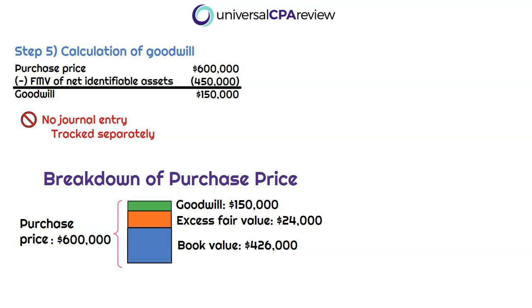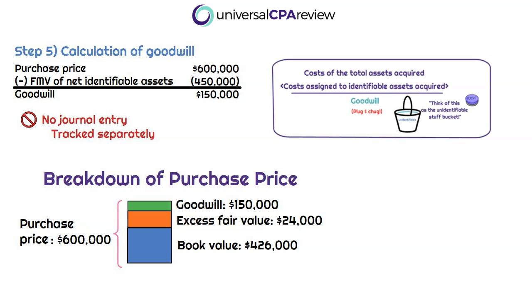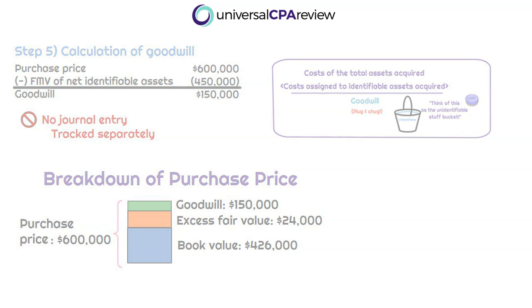So basically, if we had to break down the purchase price, well, $150,000 went to basically some amount of goodwill, which is really hard to identify. $24,000 relates to the excess fair value over the book value that Anderson had, and then the rest of it's just the book value of their net identifiable assets. So hopefully that makes sense, but that's how you can break down the purchase price.